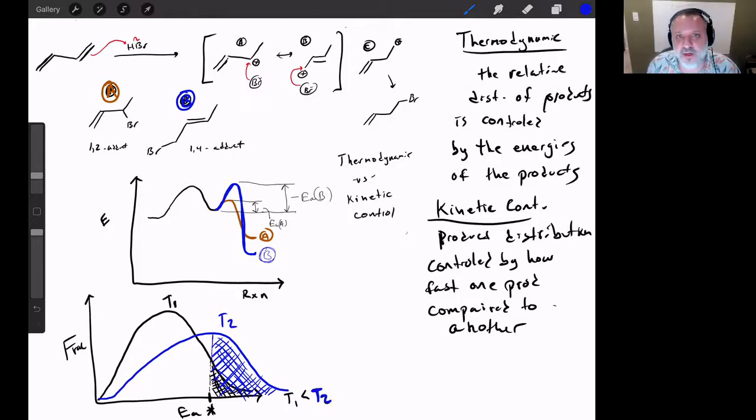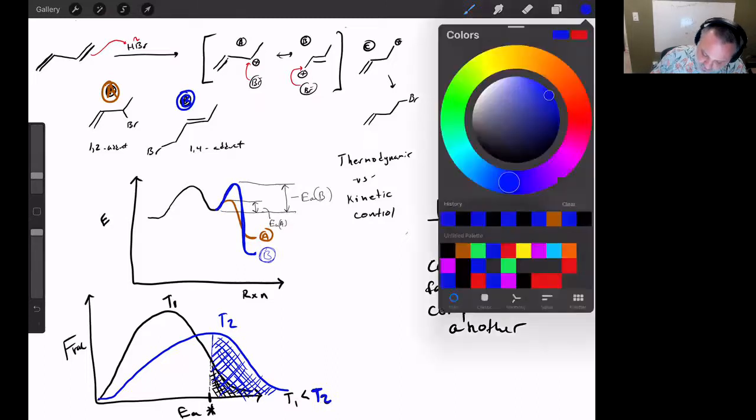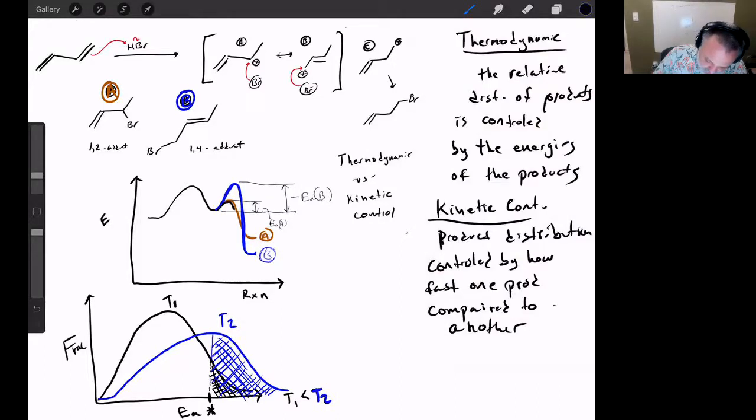And so how does this affect the relative distribution between two separate pathways? Well, if I'm at a low temperature, I only have a low fraction of molecules that can get over any particular barrier. So the most molecules would be able to get over the smallest barrier. If I raise the temperature, then there's enough energy to get over both barriers, both this one and this one. But as I raise the temperature, now the reverse reactions start to come into play.